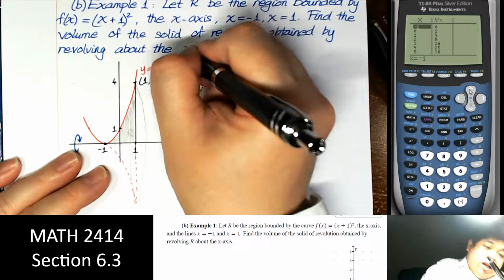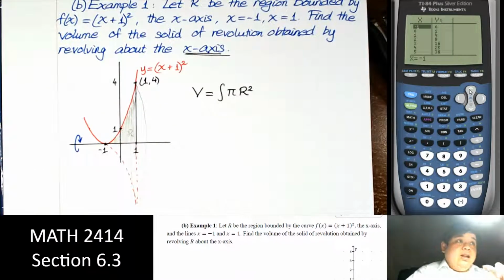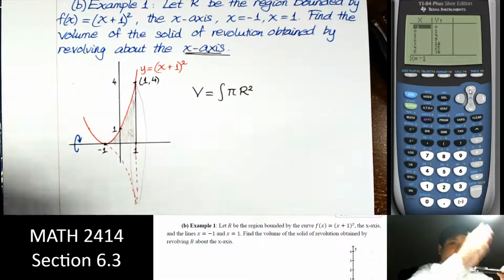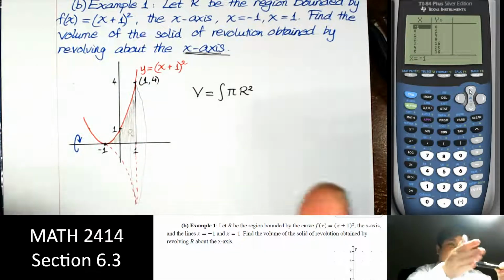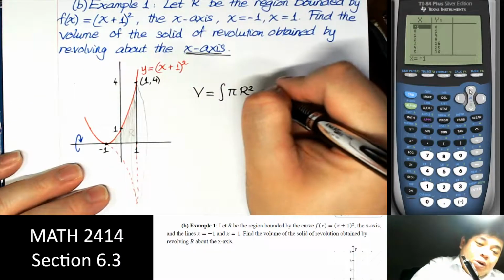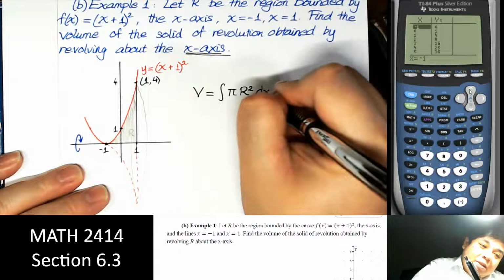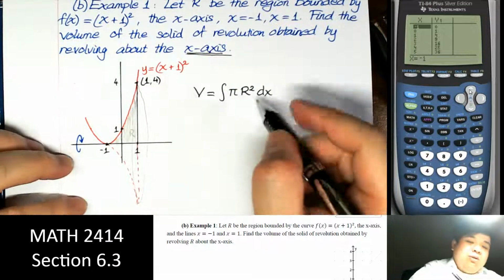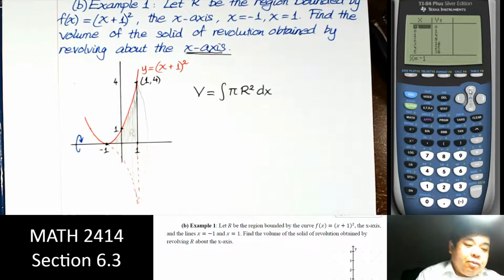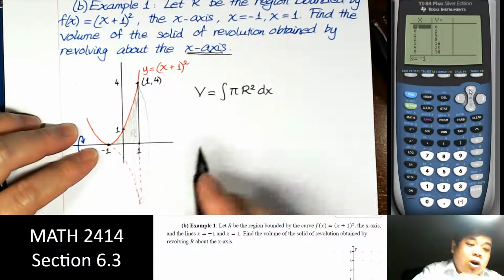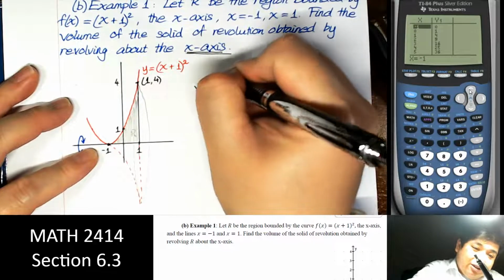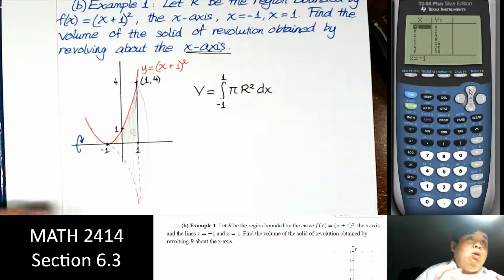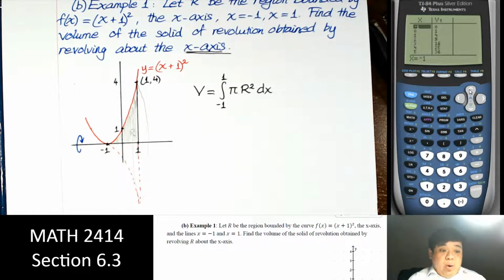By the way, if it rotates about the x-axis, it's going to rotate like this horizontally, and if we slice it, we're going to chop the x-axis. Therefore, it's going to be dx. It will be easy, also from -1 to 1. So that's easy to determine. Now, the only problem in this method is to determine what the radius is.